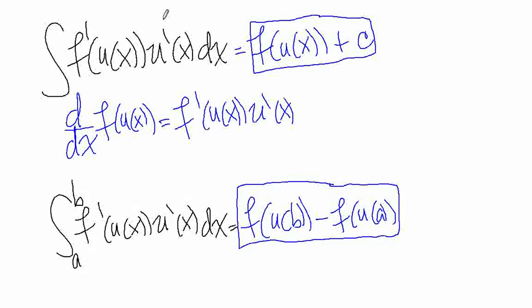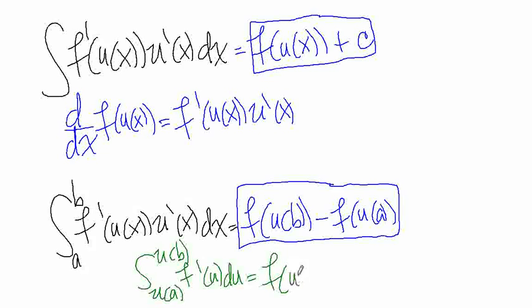Okay, and let me make one more comment. Notice that the definite integral that I wrote is equal to the following much simpler definite integral. Okay, what would the green definite integral evaluate to? Well, the antiderivative of f prime with respect to u is f of u.